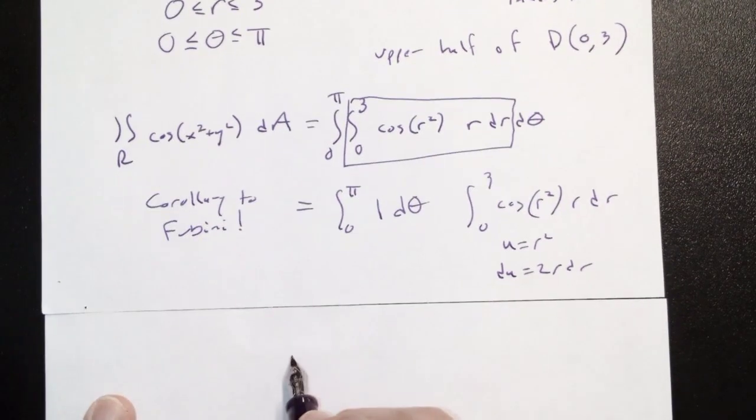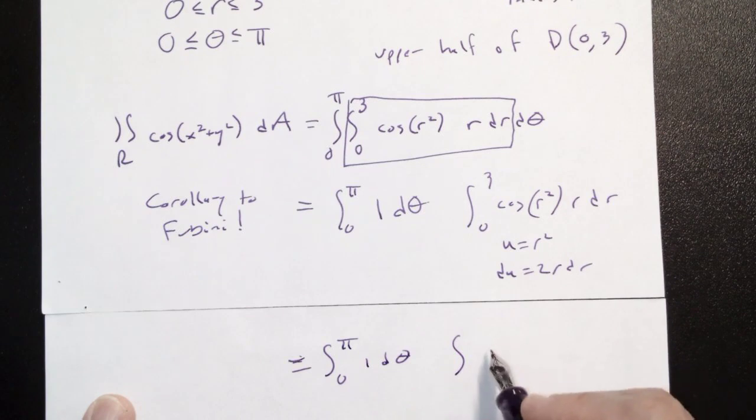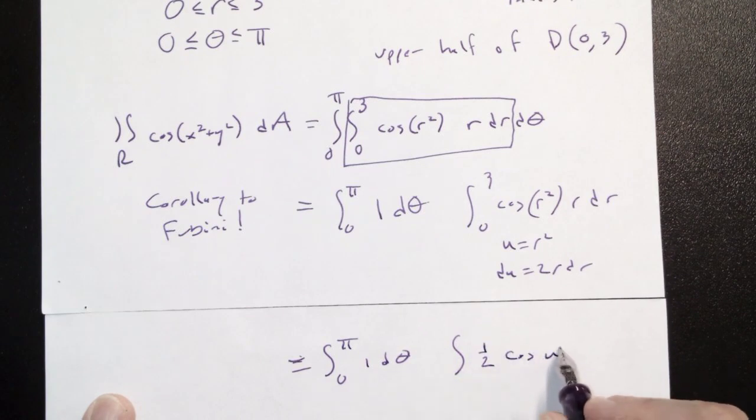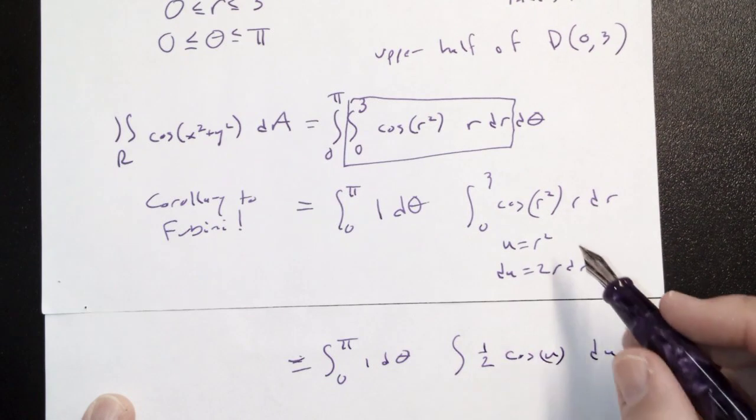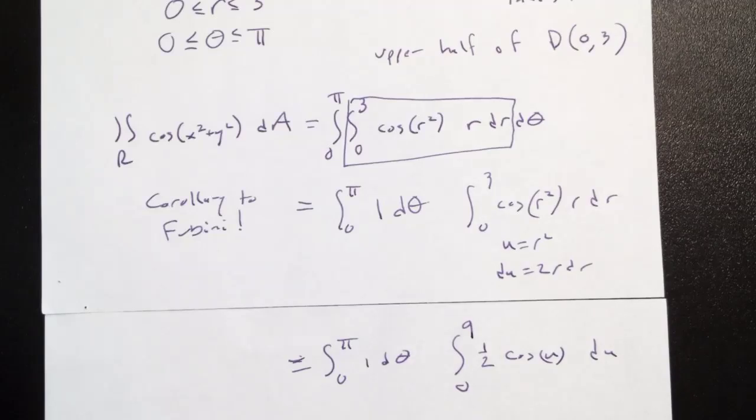So I get the integral from 0 to pi of 1 dθ, and over here, I get the integral of 1/2 cosine u du going from 0 to 9, because I changed the limits with my u substitution.